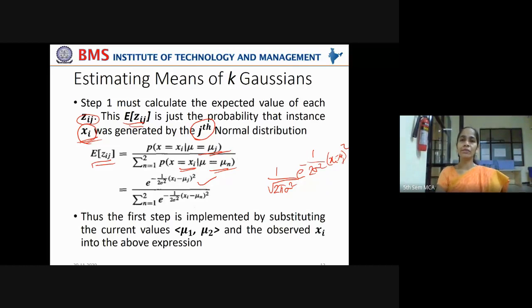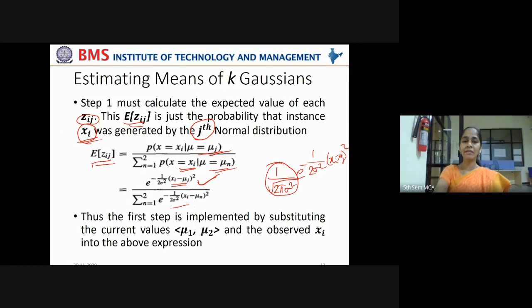Because these two distributions are normal distributions, you substitute that, but we have omitted the constant part for simplicity. So you get e power minus 1 by 2 sigma square multiplied by the squared deviation of the sample point from the mean of that distribution.